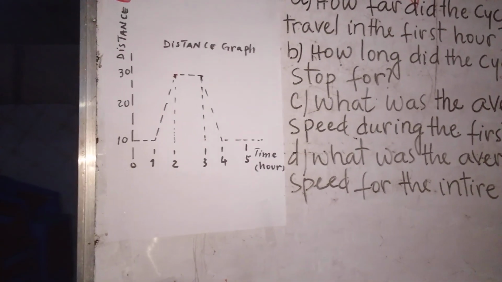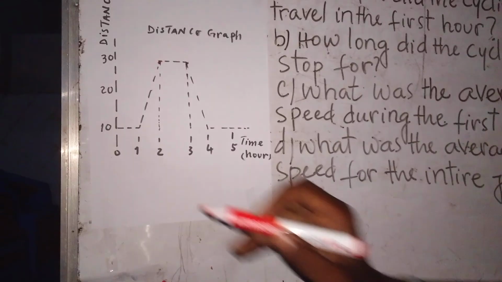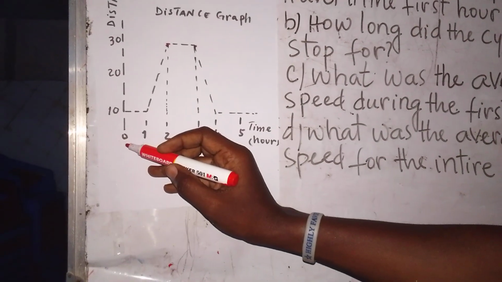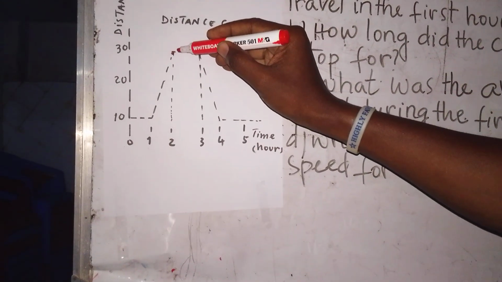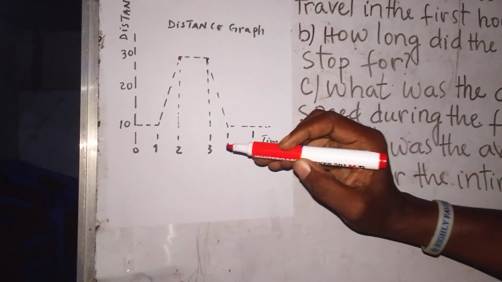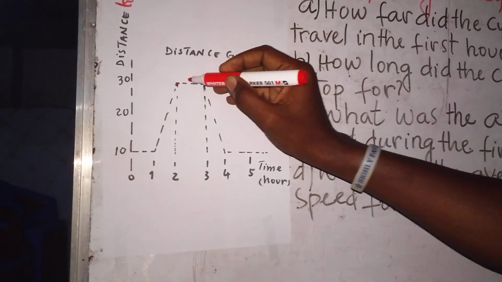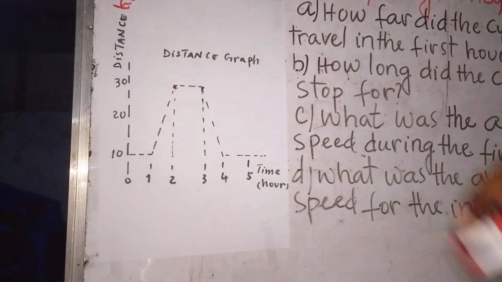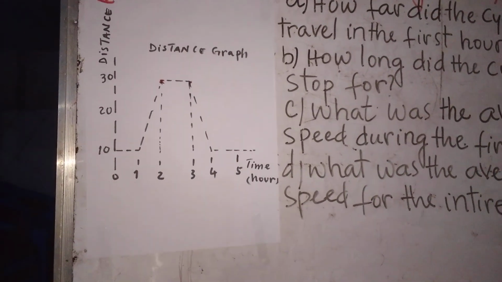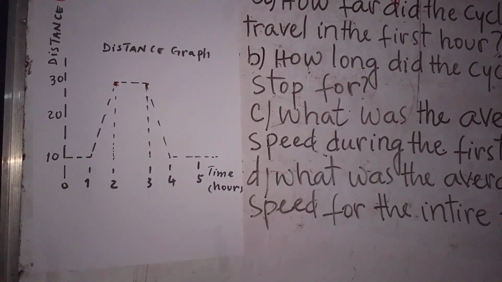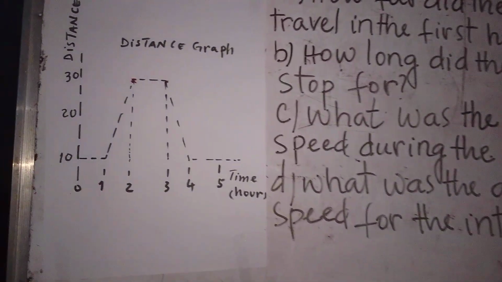So we see that from 0 up to 2, or from 0 up to where the cyclist stopped, he traveled 2 hours.